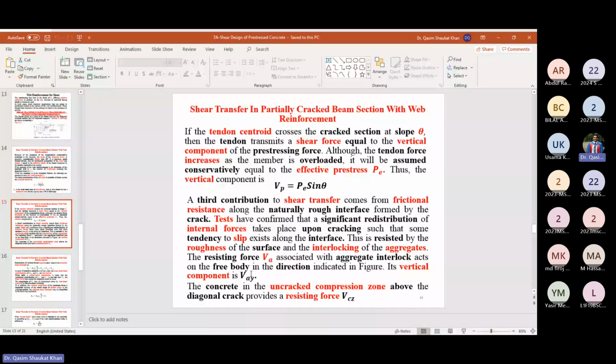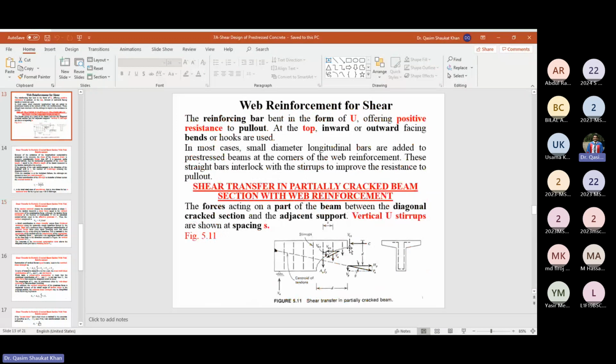The concrete in the uncracked compression zone above the diagonal crack provides a resisting force. So if you see this one, this is the crack. The portion below the crack is the cracked portion, and the portion above the crack is your uncracked section.